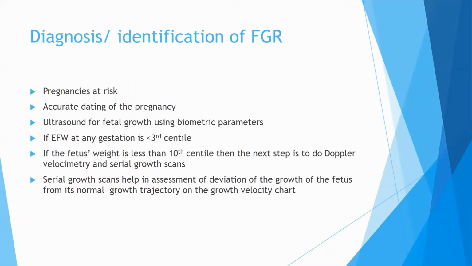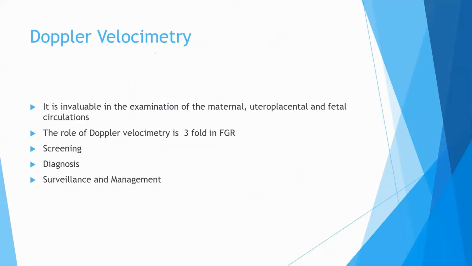restriction. But besides that, when we are looking at the Doppler velocimetry, what basically we mean by this is that we are interrogating the blood vessels. This may be maternal, uterine, placental, or fetal circulations using ultrasound scan, and this helps us to see the direction of blood flow and also to characterize the blood flow.